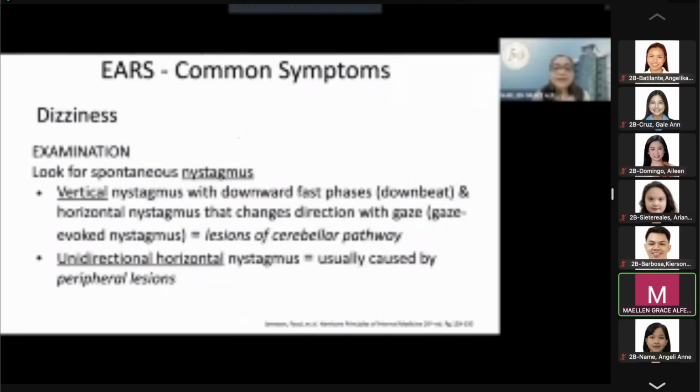Now, examination for nystagmus is also important. Vertical nystagmus, usually with a downward fast phase or a downbeat nystagmus, and a horizontal nystagmus that changes direction with gaze, or what we call a gaze-evoked nystagmus, points to a lesion in the central pathway. However, a unilateral horizontal nystagmus is usually caused by a peripheral lesion.